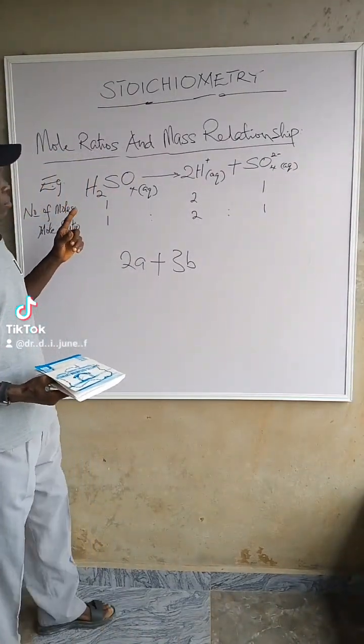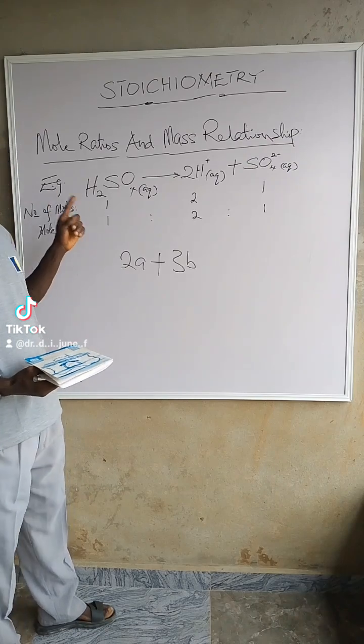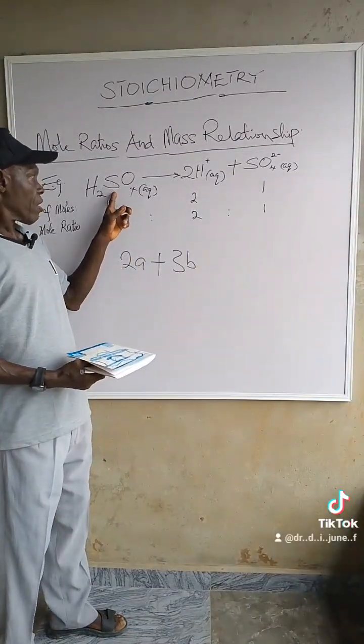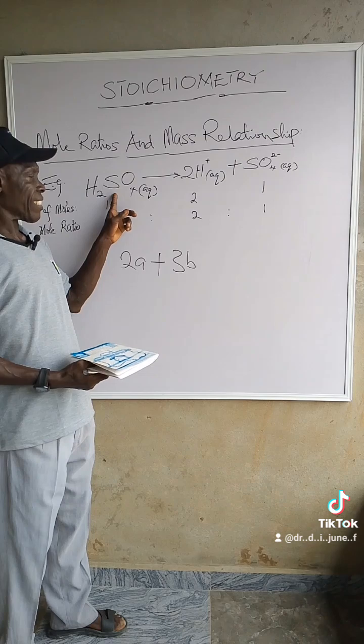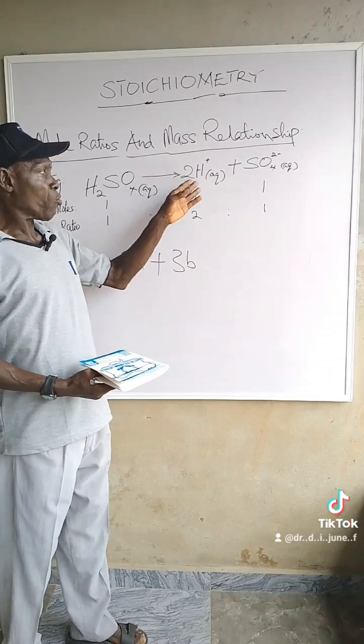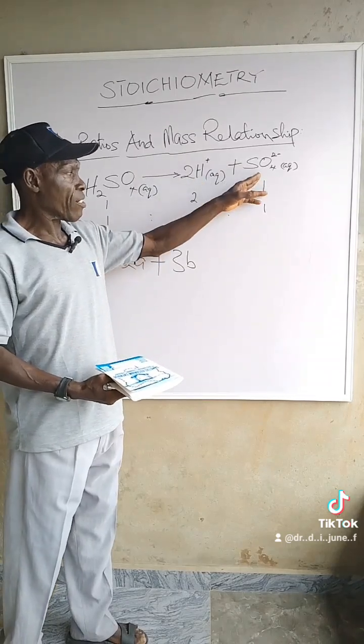Now, if you talk about the number of moles, that means what quantity of the acid in solution decomposes or breaks down to give hydrogen ion and sulfate(VI) ion.